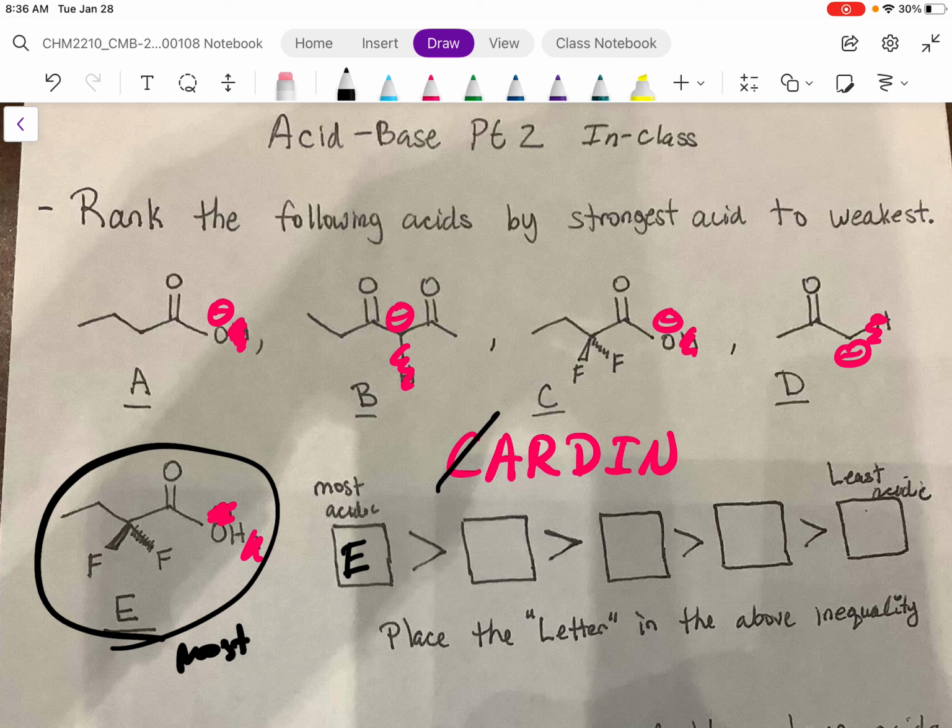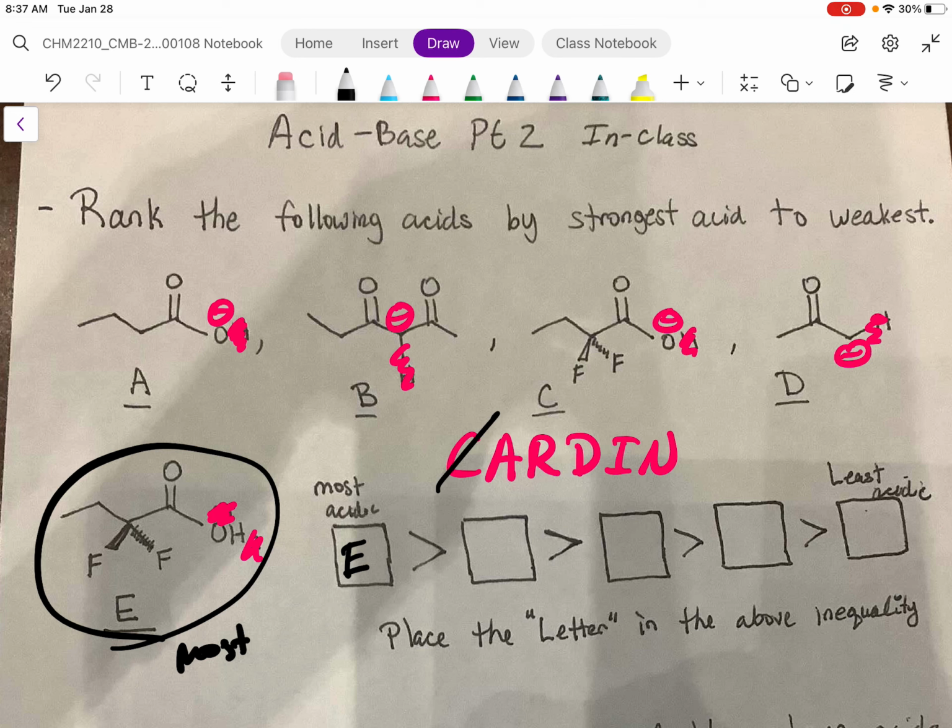Oxygen. So what principle are we using? Electronegativity. And why are we using electronegativity instead of a size argument? Because oxygen and carbon are in the same period. So that's an electronegativity argument. If we're going down a column or a group, then that's a size argument. So because oxygen is the most stable, we have E that's the most stable.